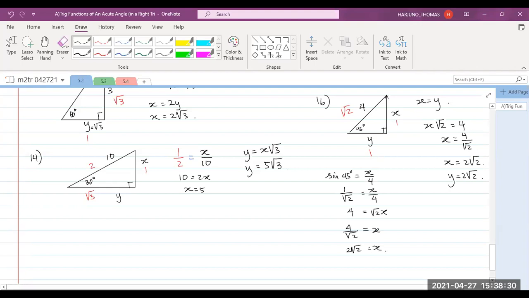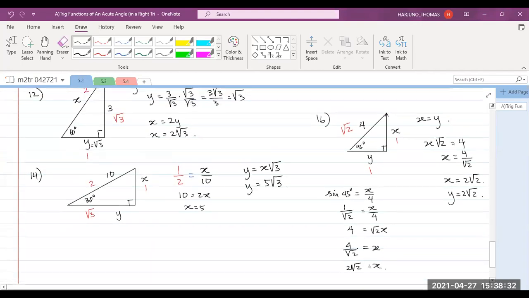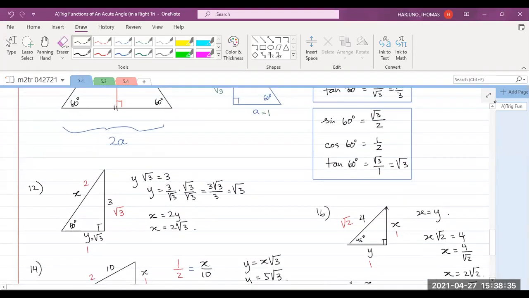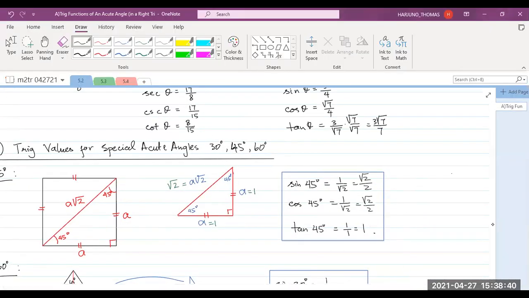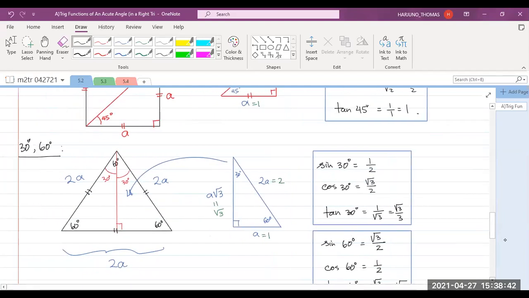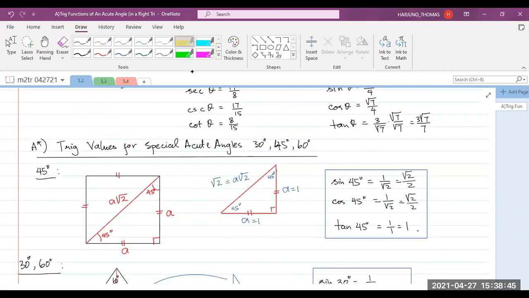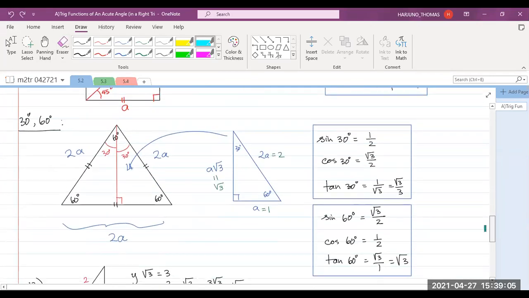What I want you to do instead is visually memorize the ratio. When you have a 45 degree triangle, from the leg to the hypotenuse, multiply by radical 2. So if you go backward, you divide by radical 2. Now, how about 30-60 degree triangles?